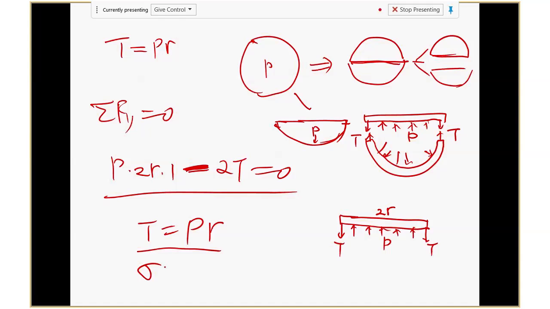The stress is supposed to be T divided by thickness, right? Because that's our area, that dimension is already 1. So that equals PR over t. That's it. So we find the stress in a cylinder in the circumferential direction, and that stress there is supposed to be PR over t.